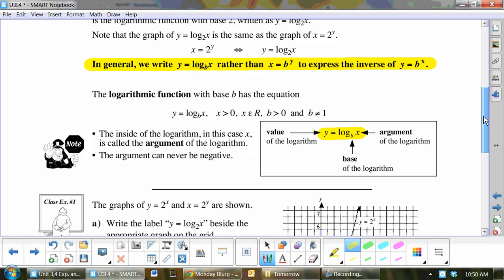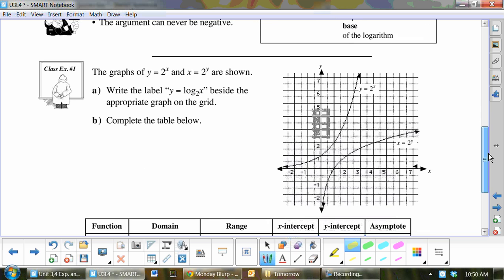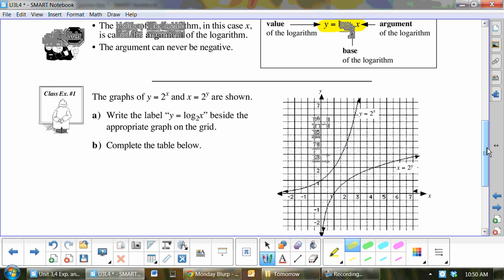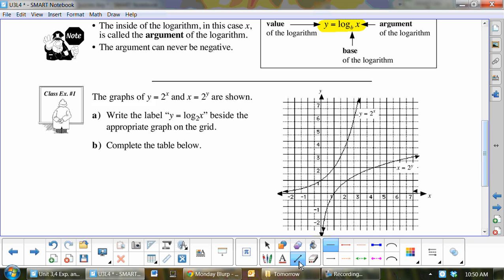Now, here's two graphs. X equals 2 to the x, and x equals 2 to the y. They are inverses of each other, therefore they should be a reflection on y equals x, right? Okay, do you see how they are reflections of each other?